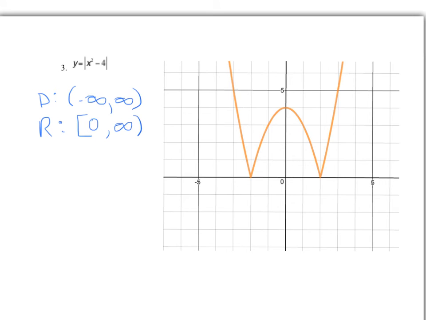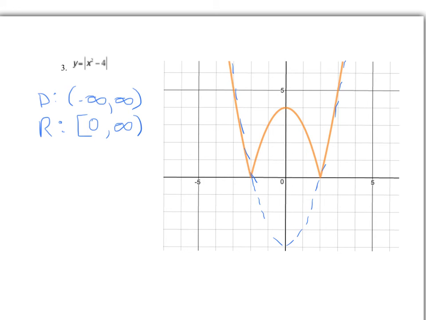So this graph is actually two parabolas. If I were to extend down here, you could see the outer parts are one parabola. So if we kind of go all the way down here, but all this negative stuff has gone into the positive because it's an absolute value.